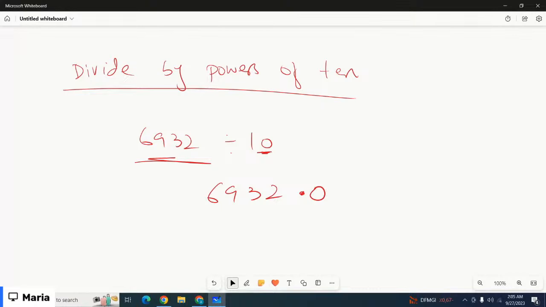You have to move the decimal point one place left, from here to here. That would be 639.2, because 10 has only one zero.